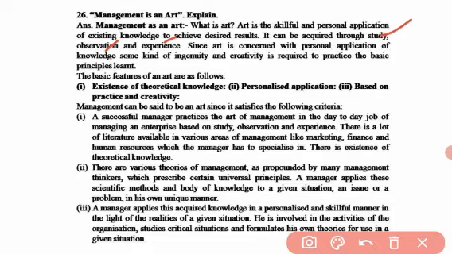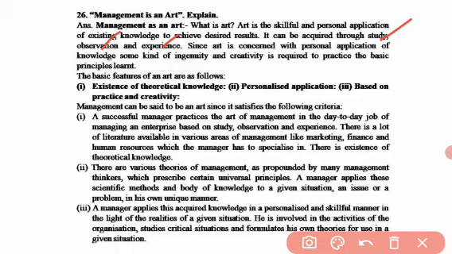Since art is concerned with the personal application of knowledge, some kind of ingenuity and creativity is required to practice the basic principles learnt. So here we can say that management is an art. The main important thing is that it is acquired through study, observation and experience, which helps us say management is an art.